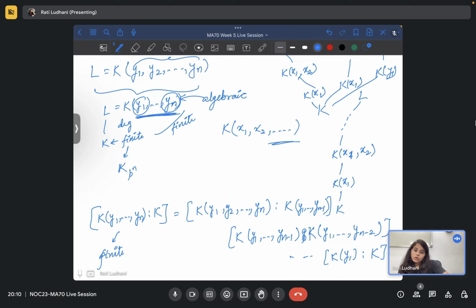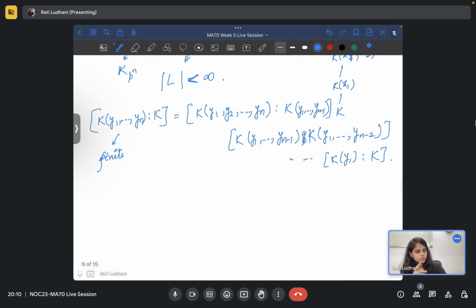A finite extension of a finite field, what will it imply? How many elements will it have? The number of elements will be finite, because the set is finite. Now, vector space dimension: L over K, if this is n and K is m, then how many elements will it have?